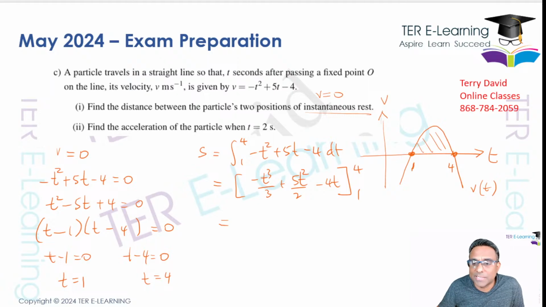Right, I see people getting answers here. I didn't work it out yet, so let me see it. So 4 cubed.